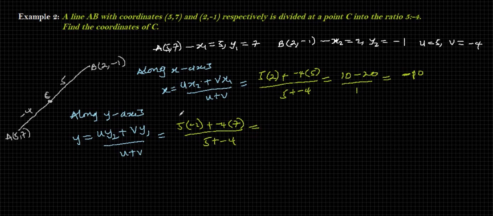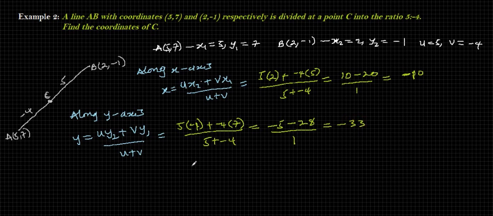So we have minus 5 minus 4 times 7, which is 28, so minus 28 here, and this is divided by 1. So minus 5 minus 28, we have minus 33.